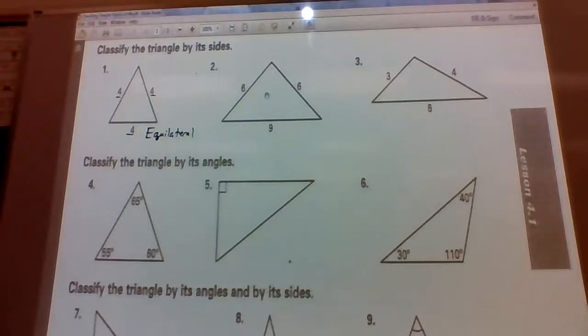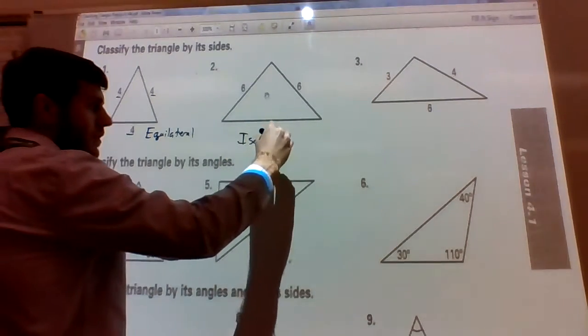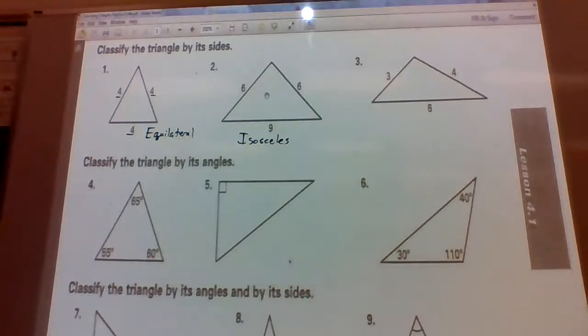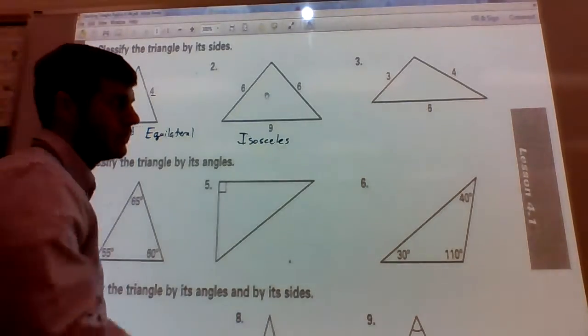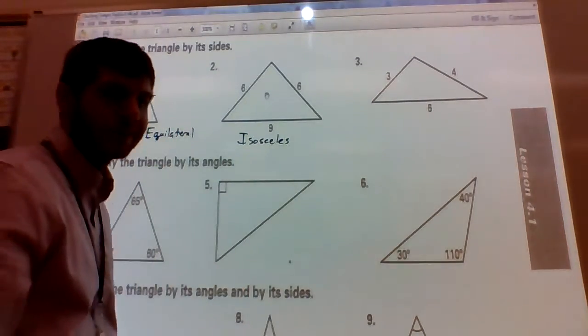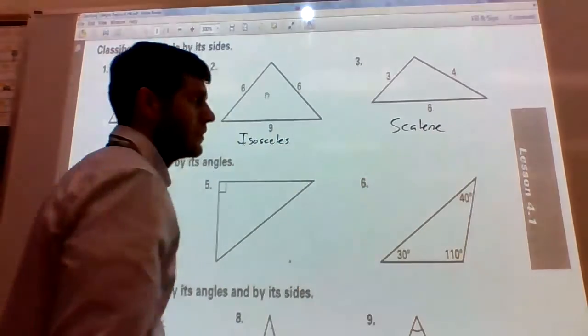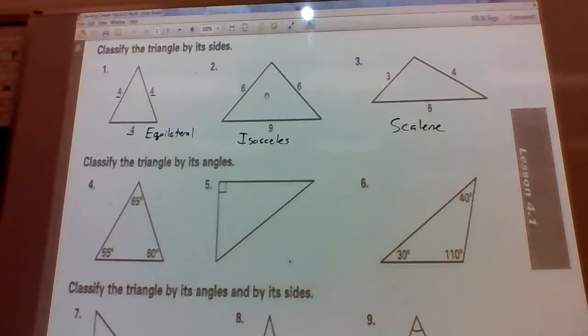Since two sides are the same, this is going to be isosceles. And then we have all the sides are different lengths, 3, 4, and 6. So this one's going to be scalene. All the sides are different, scalene. Two sides are the same, isosceles. All the sides are the same, equilateral.